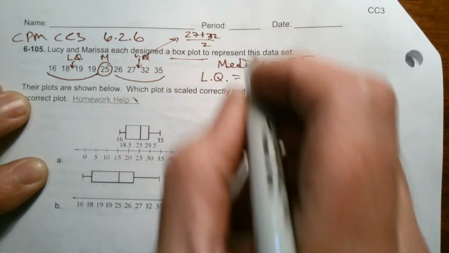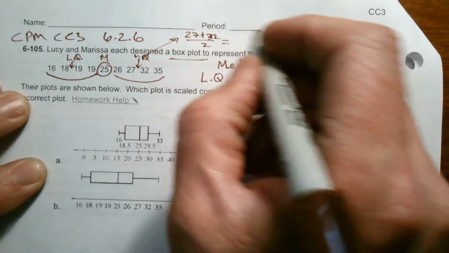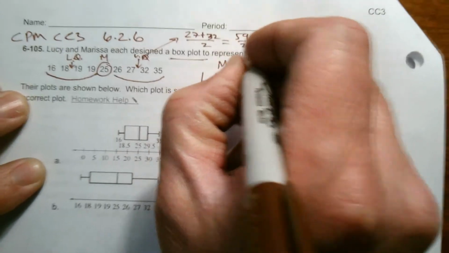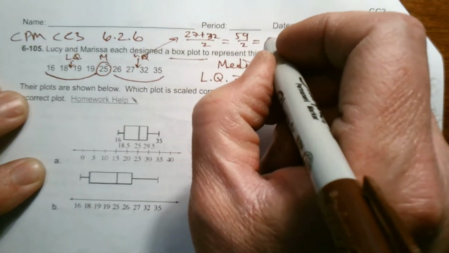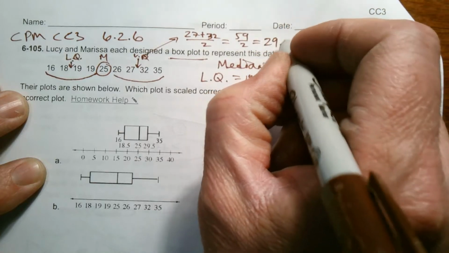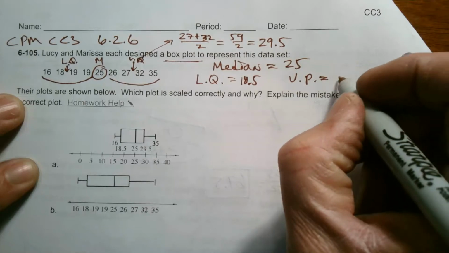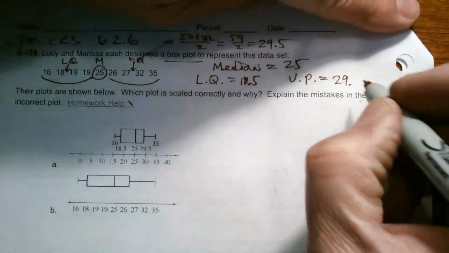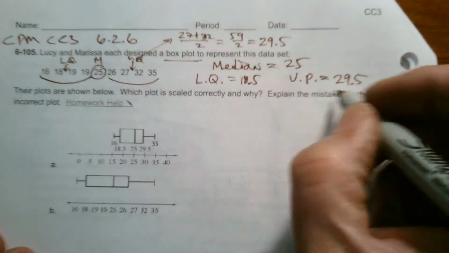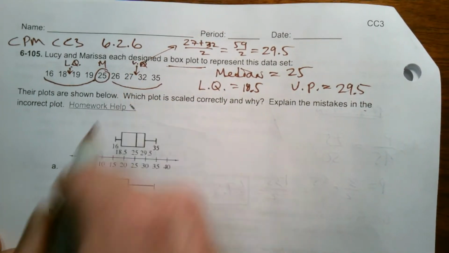That's how you find the middle of two numbers. 27 plus 32 is 59, and 59 divided by 2 is 29 and a half. So 29 and a half is the upper quartile.